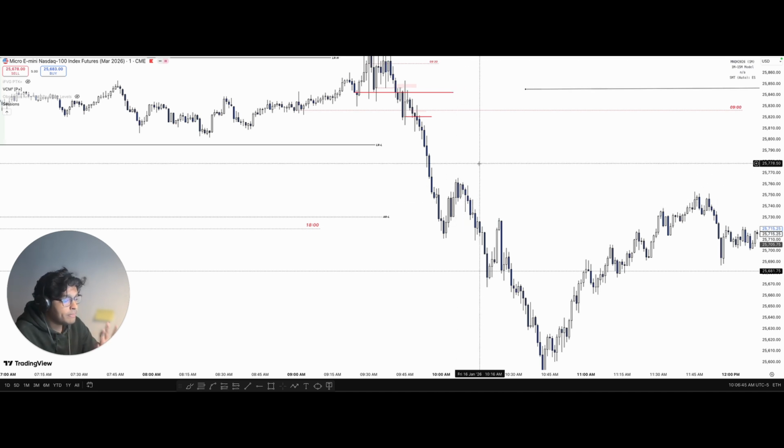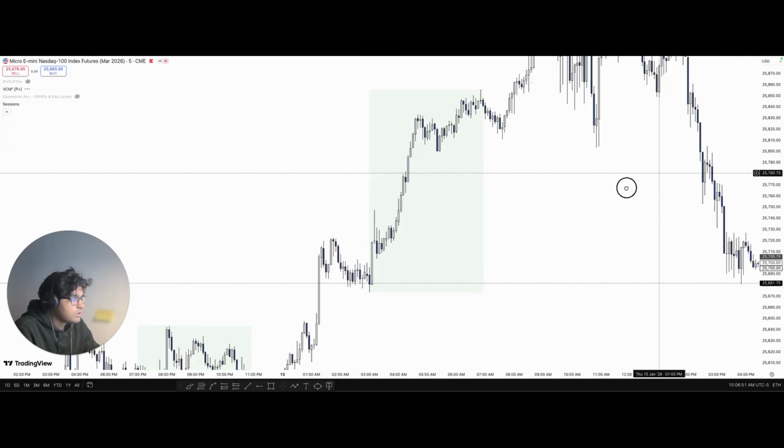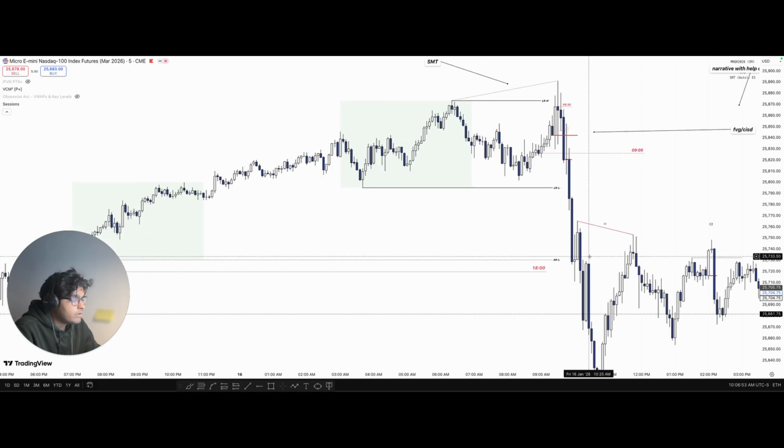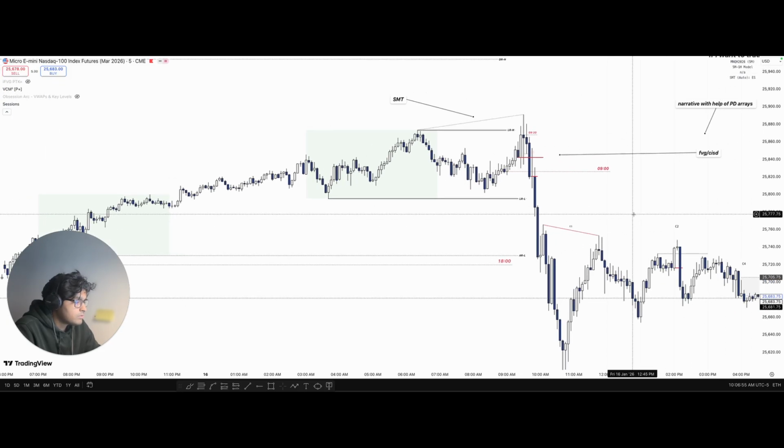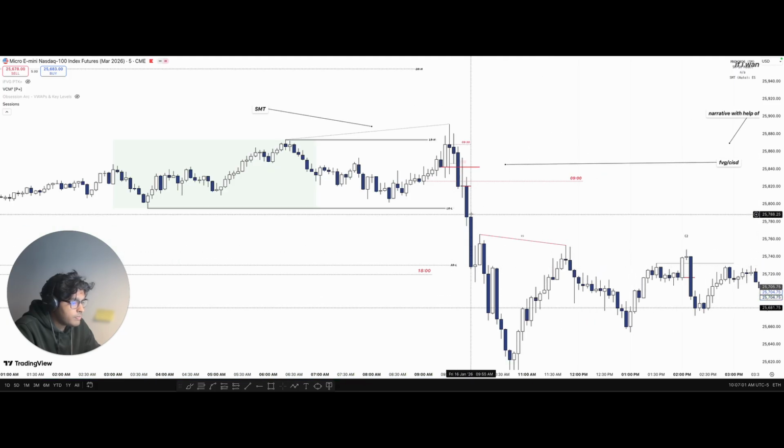So the best way, if you're trading the 1 minute, to look for entries is to go to the 5 minute chart and wait for a confirmation in 5 minutes. So suppose here this is your Asia low, right? If the Asia low is here, price came down lower, took the Asia low.